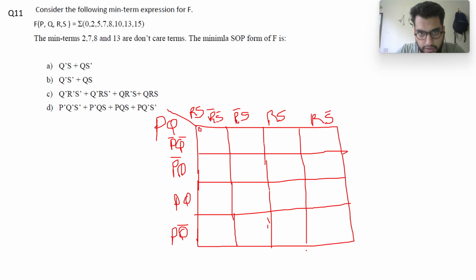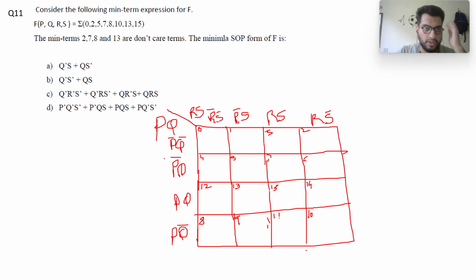So this is 0, this is 4, this is 8, and this is 12. This is 1, this is 5, this is 9, this is 13, this is 2, this is 6, this is 10, this is 14, this is 3, this is 7, this is 15, and this is 11.